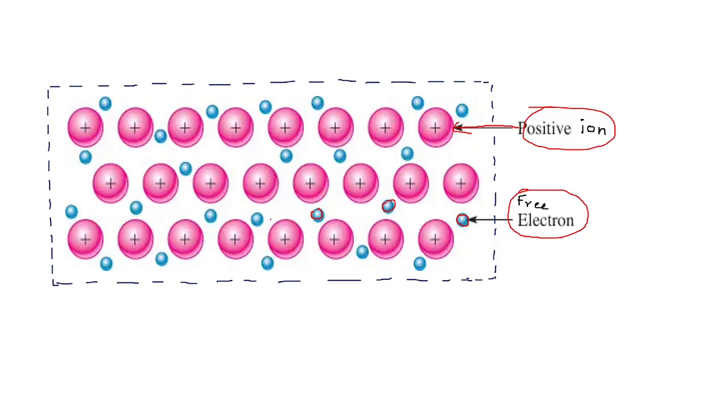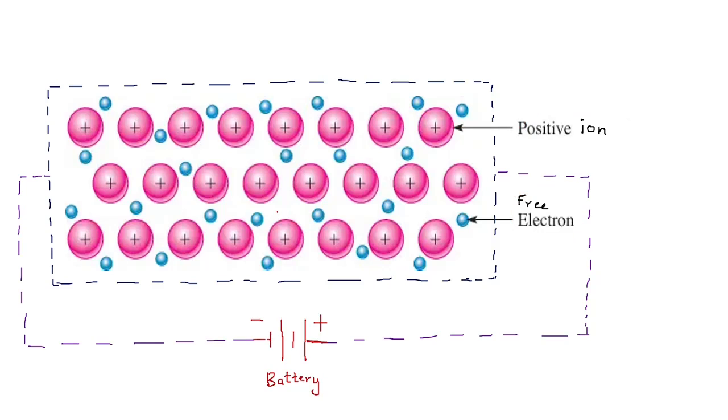Now all these free electrons are randomly moving and they don't have a direction. If the electrons have to move in a specific direction, then an electric field should be applied to it, and then this will look like this, where you can apply this electric field here. This is the electric field E. This is the positive terminal of the field, and this is the negative terminal.